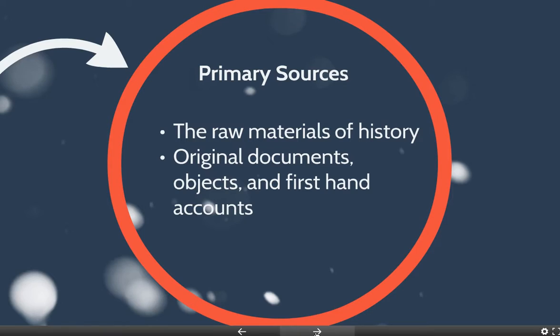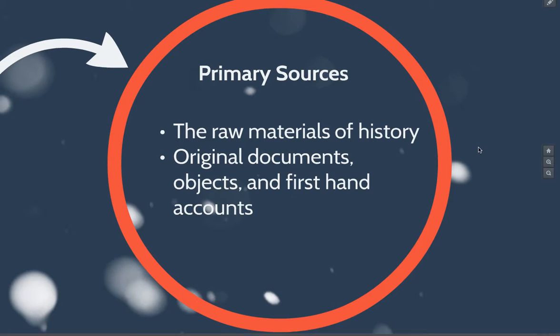Okay, so we're going to move on to finding primary sources. Again, I am sure you are all experts, so you know that primary sources are the raw materials of history. They are original documents, objects, and first-hand accounts, examples of which can include letters, journals, newspapers, photographs, government documents, official records, and so on.